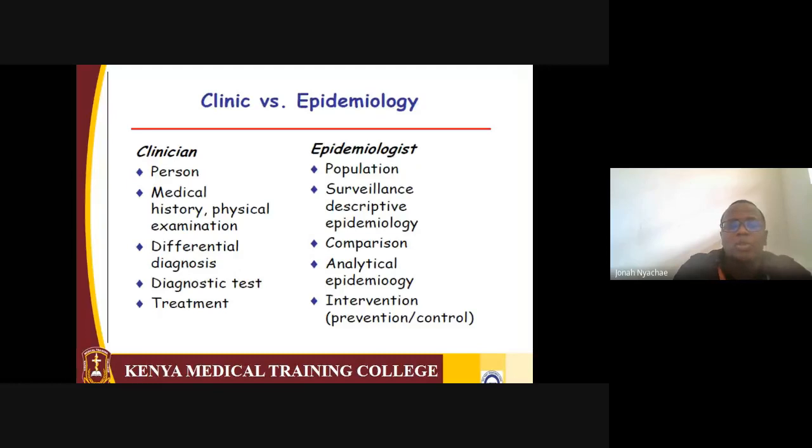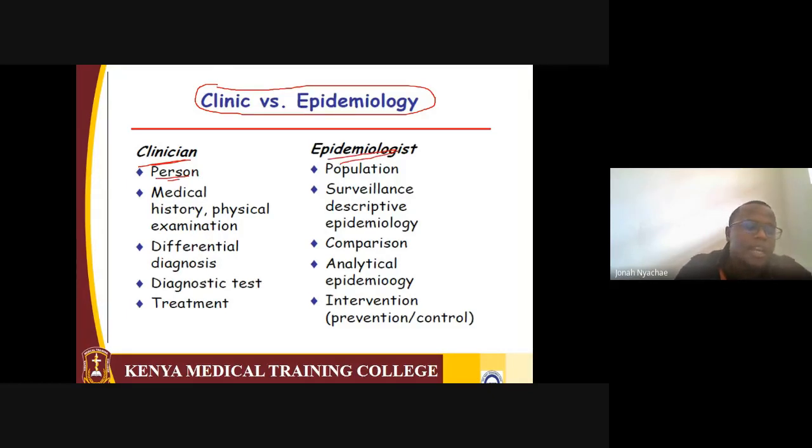So basically, we also need to know the difference between a clinician and an epidemiologist, just to understand. A clinician could be the nurse working in a particular healthcare, working in a particular consultation room. So a clinician basically deals with individual persons, but an epidemiologist will deal with a population.